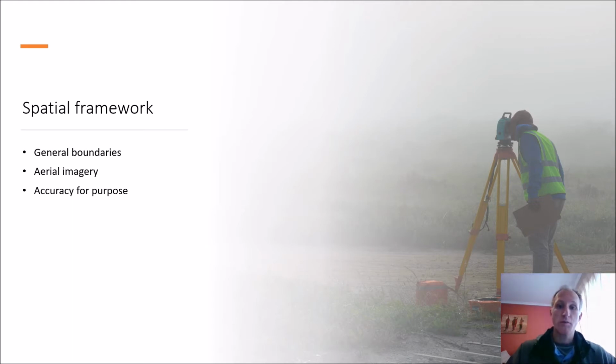It's important to match the accuracy to the purpose. The standards of precision and accuracy by which spatial information is acquired and stored must relate to the intended purpose of acquiring that information. Fixed boundaries are accurate because they don't move, and they're usually precise because surveyors determine their position to within a few centimeters.